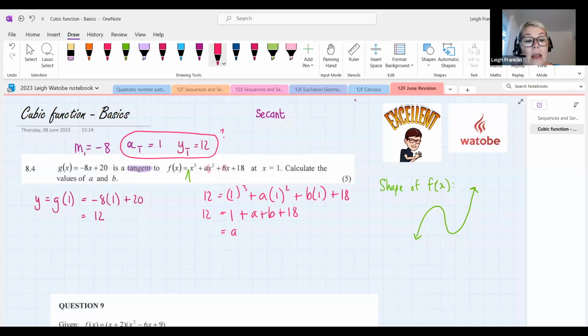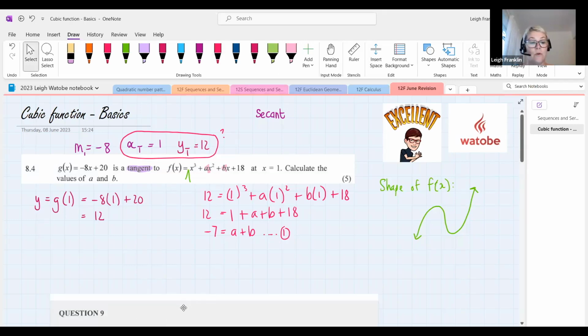Let's leave our a plus b on the right and take everything over to the left. So 12 minus 1 would be 11, and 11 minus 18 would leave us with negative 7. That gives us our first equation in terms of a and b. How are we going to make our second equation?